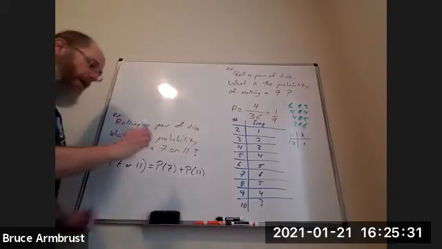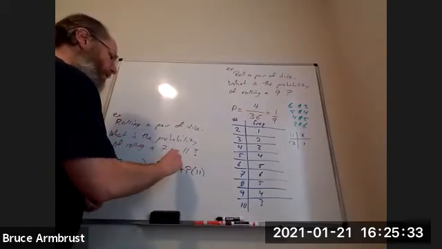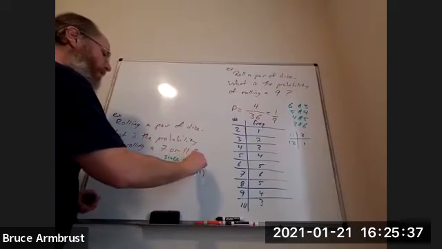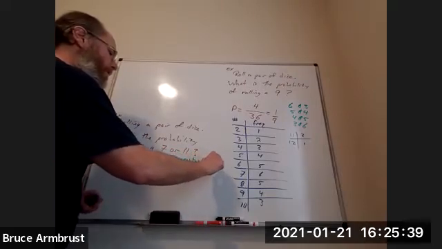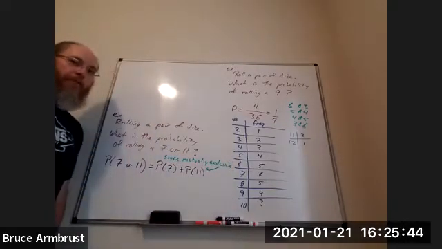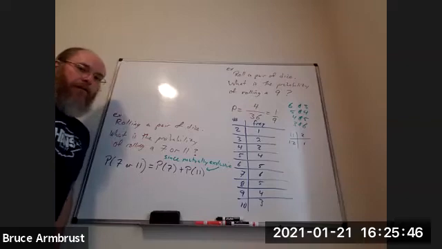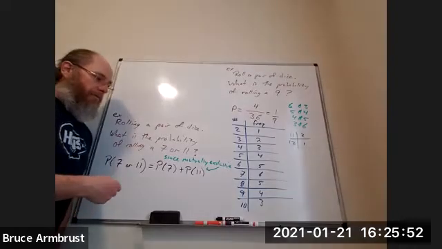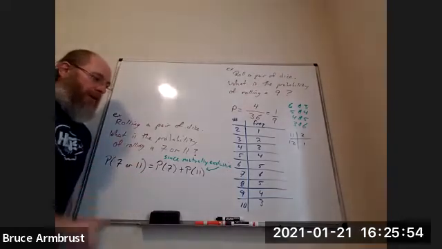But we can only do this since they're mutually exclusive. We'll look at an example in a little bit where things are not mutually exclusive, and we'll see why it's easier if they are mutually exclusive.